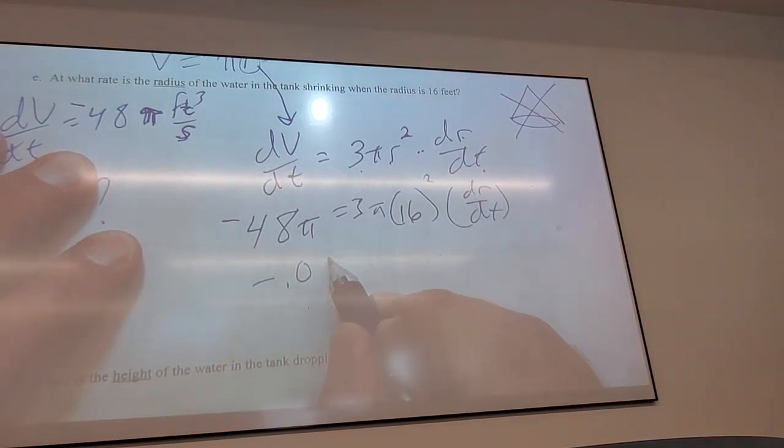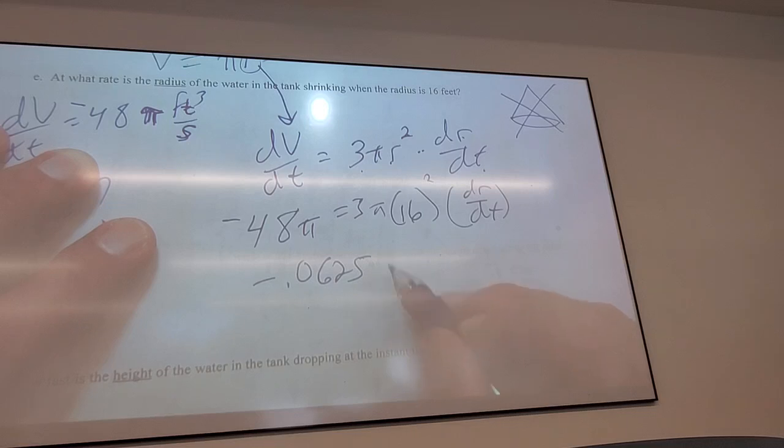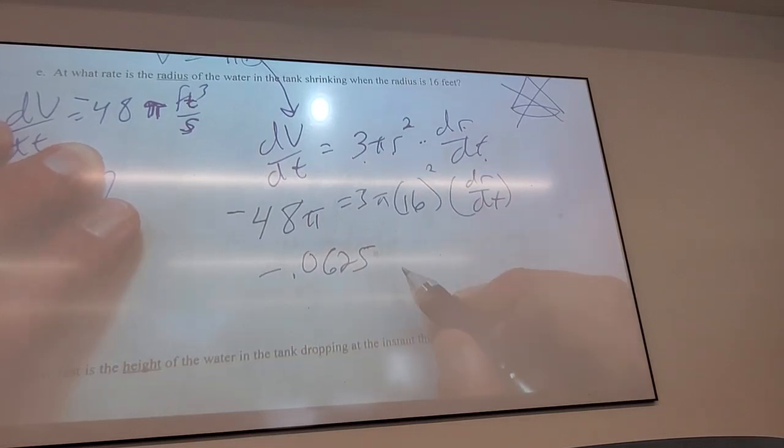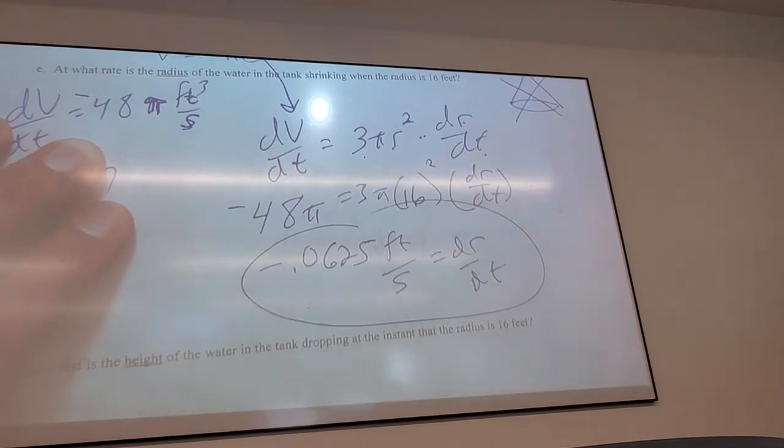Is that what you guys got? Anybody do that? 0.0625. Units, I'm sorry. Feet per second. So that's how much the radius is changing.